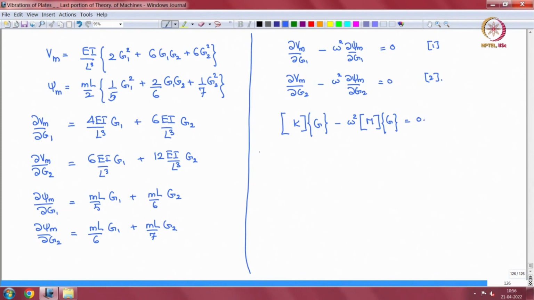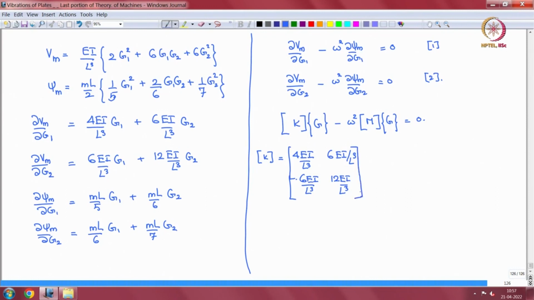Okay, and what is K here? K in this case is 4 EI by L cube, 6 EI by L cube, 6 EI by L cube, 12 EI by L cube.